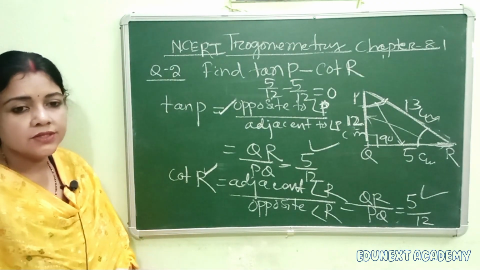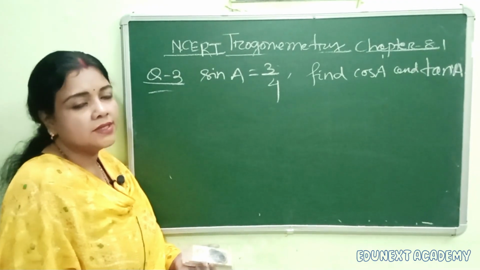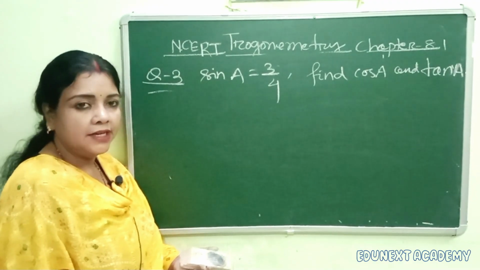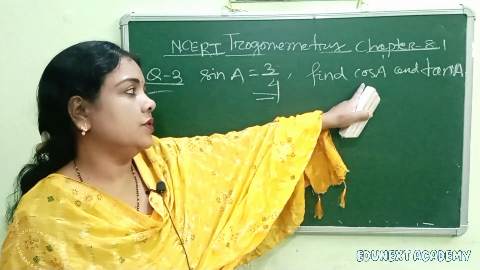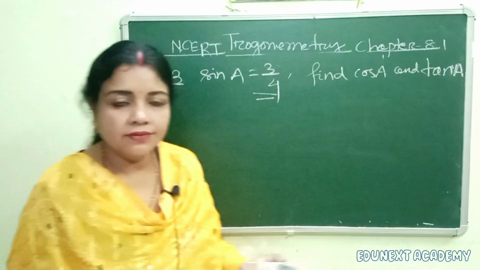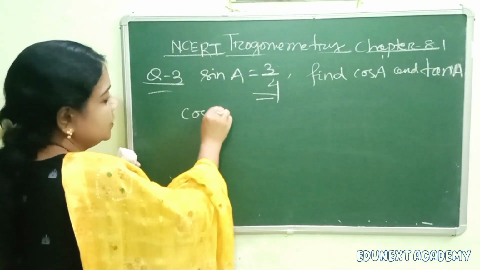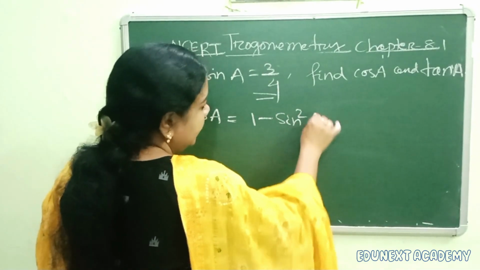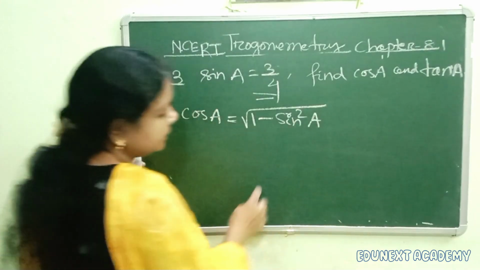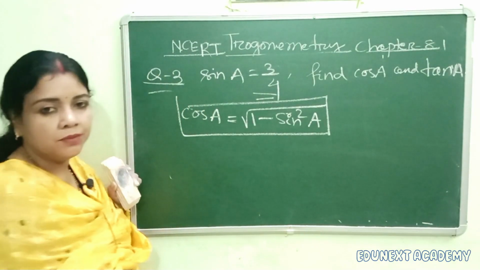Next, let us discuss question number 3. The next question says that if sin A is equal to 3 by 4, then you need to find cos A and tan A. There is a very beautiful formula you have to remember. That means cos A is equal to the square root of 1 minus sin square A. This is a very beautiful formula you need to remember.